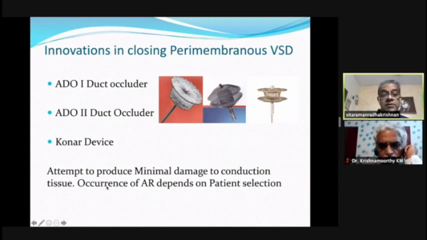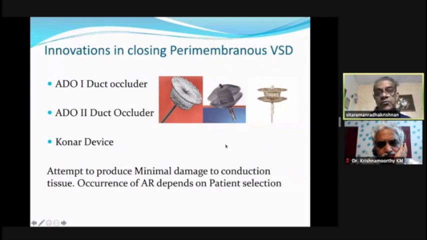So, what is the aim? The aim is to produce minimal damage to the conducting tissue over which, frankly speaking, we have no control. We don't see that conduction tissue. We cannot avoid that conduction tissue, but it is only through studies. These devices are considered soft in nature and also put less pressure on the conduction tissue.